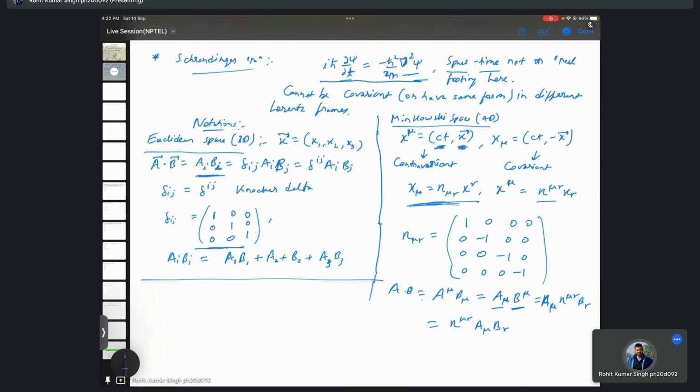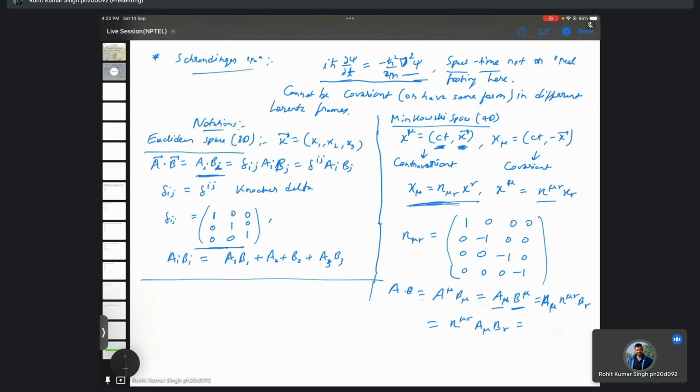We have this, and now you can see that suppose A and B have components.